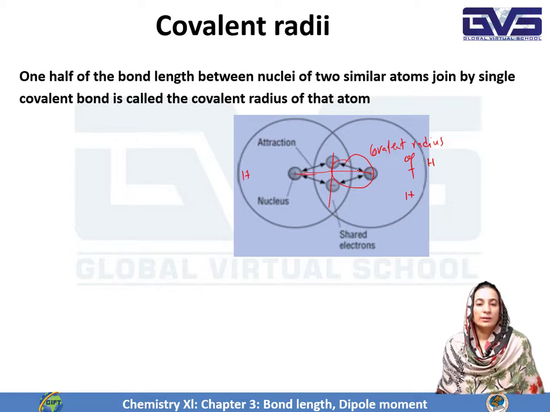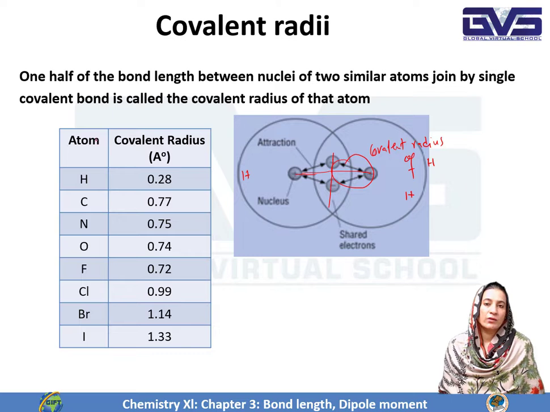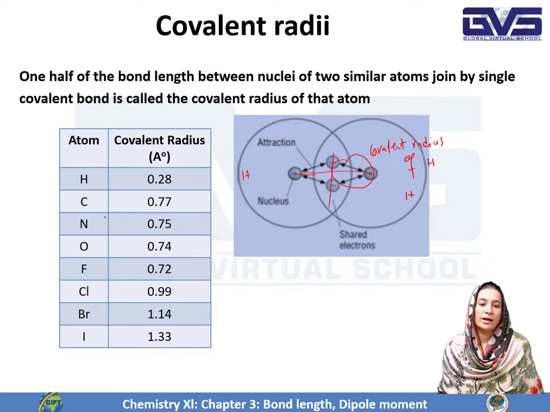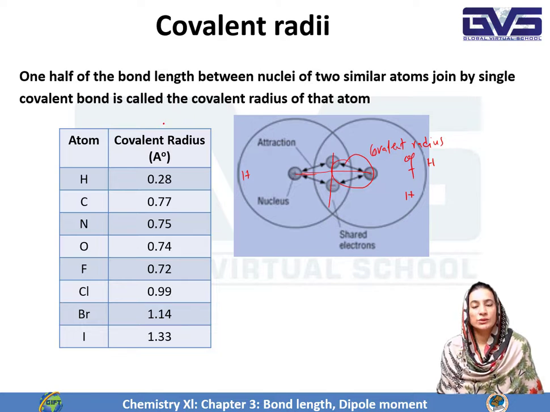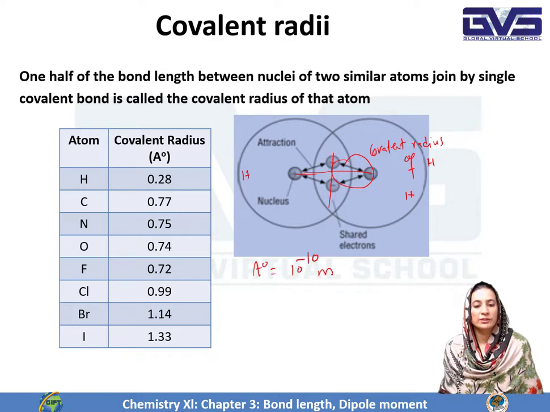We have some values for the covalent radii of some other atoms. The units of distance are usually meters, but this distance is very small, so the unit used for bond lengths is the angstrom, and 1 angstrom equals 10 raised to the power minus 10 meter.